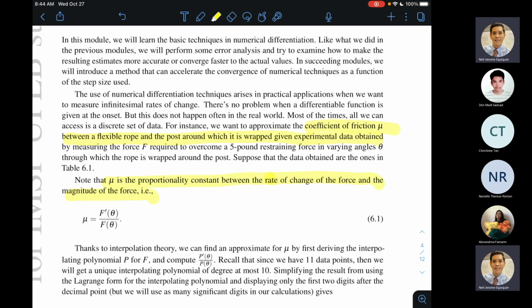If all you know is a discrete set of data and you need a function F out of it, then we can take advantage of what we learned from the first chapter. We can get a polynomial model or functional model for this discrete set of data by using interpolation or another form of polynomial interpolation. And that was the first approach for this particular problem.